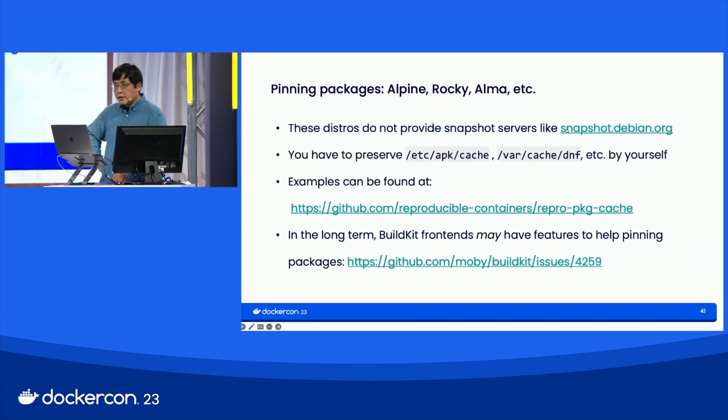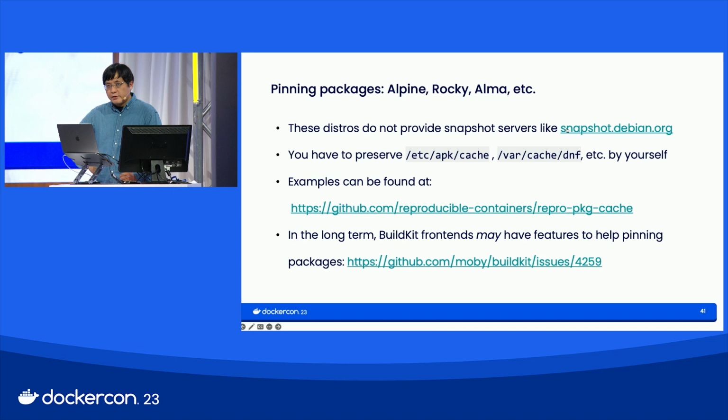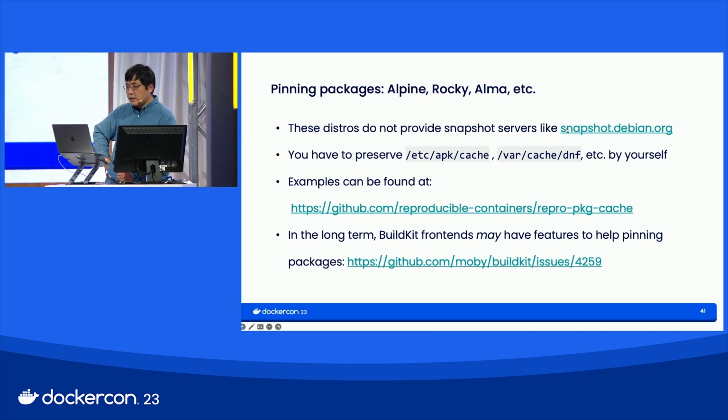And the last topic is about Alpine Linux, Rocky Linux, and Alma Linux. So reproducible builds is really hard with these distributions currently, because these distributions do not provide snapshot servers like snapshot.debian.org.